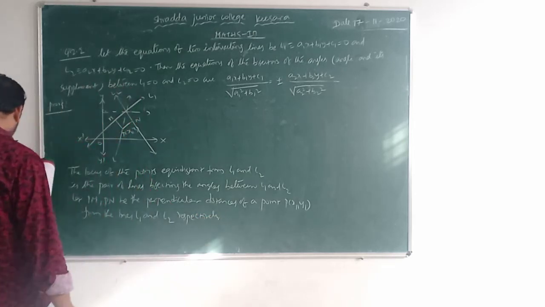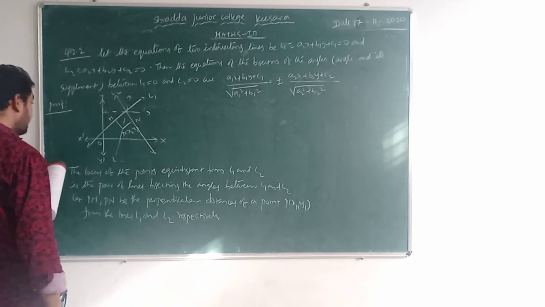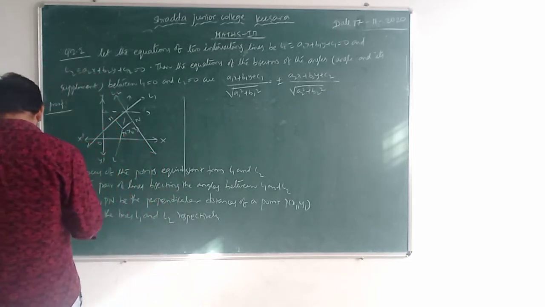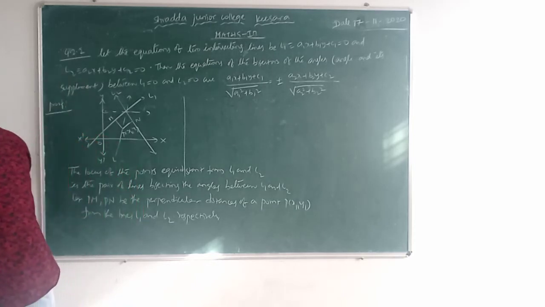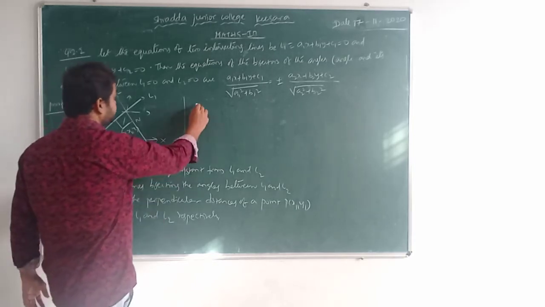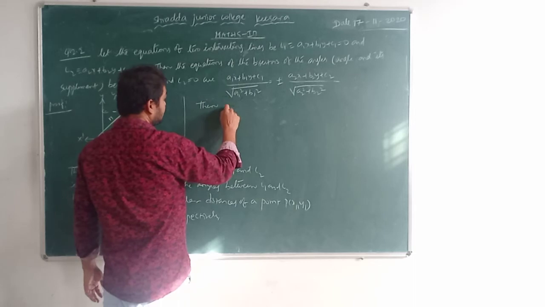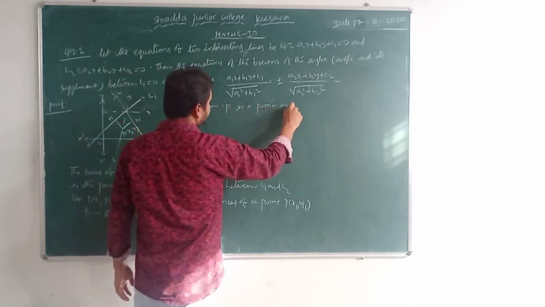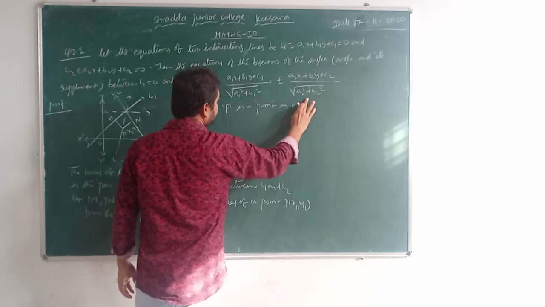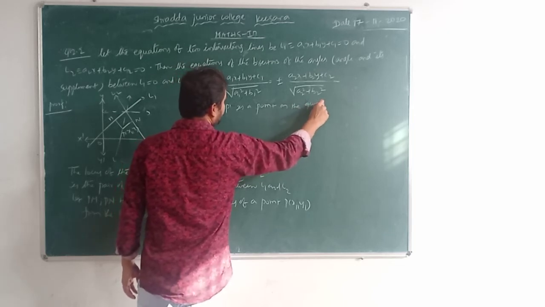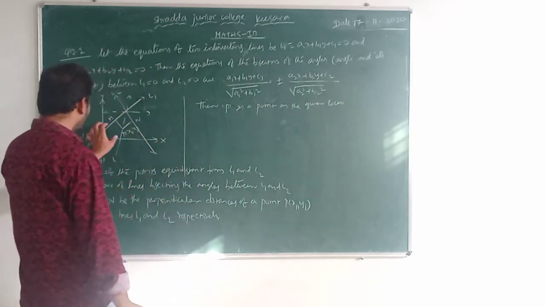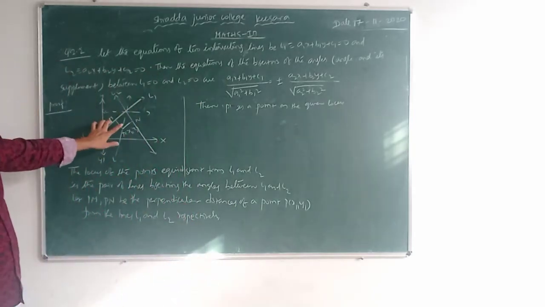Then P is a point on the given locus. See here, P is equidistant.